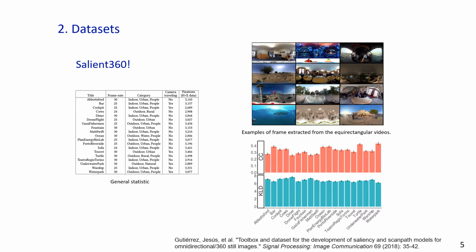Each video is labeled with both head movement saliency and head plus eye movement saliency. The plot below represents the correlation between the head-only maps and head plus eye maps, and they are not much correlated, with a CC less than 0.5.